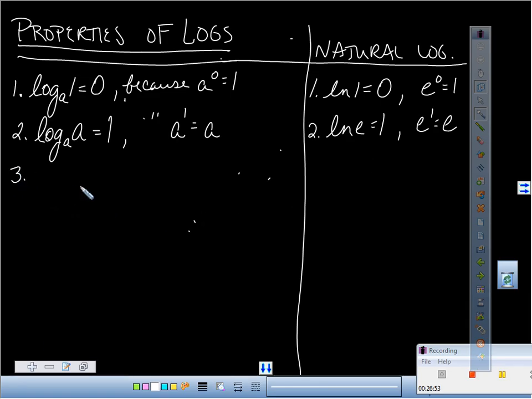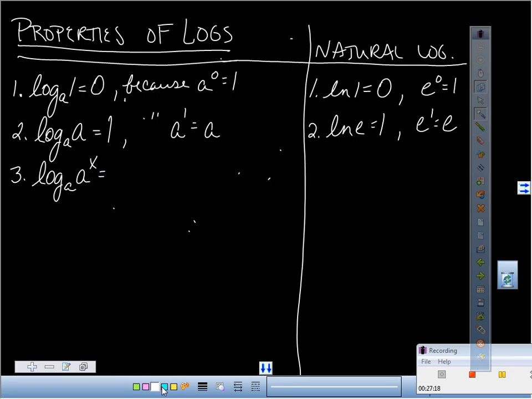Alright, here's the weird one. I'll show you why it's that way, and then I'll just tell you an easy way to remember it. It's going to be log base A of A to the x.